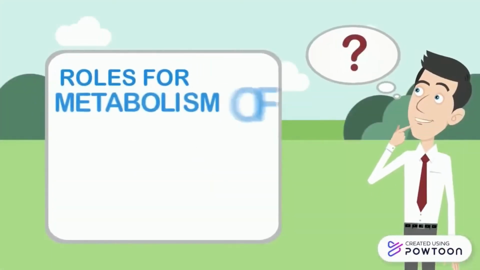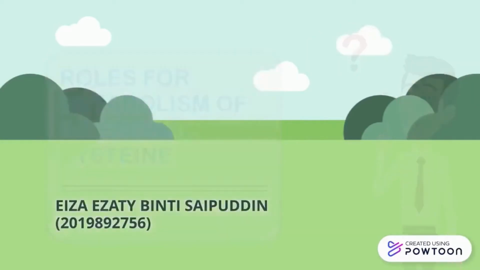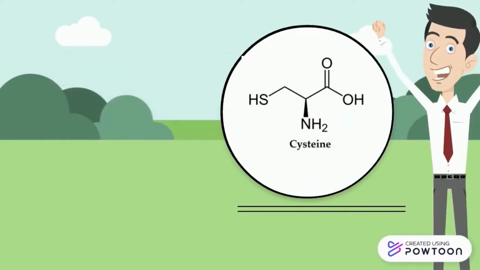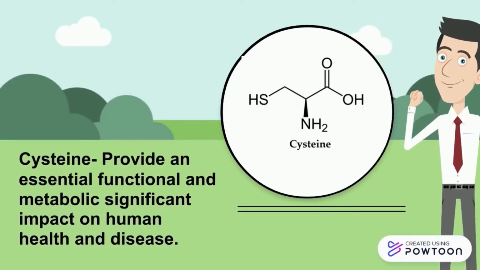Hi, I'm EZATY and I will discuss the role of intestinal cysteine metabolism. There is research indicating that cysteine has an essential functional and metabolic impact on human health and disease.